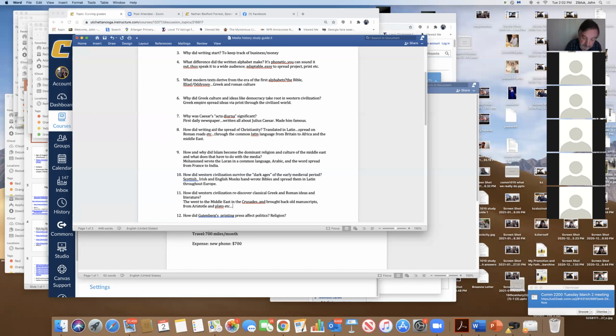Yep, brought back these ideas. Democracy, literature, Julius Caesar, they rediscovered all of this stuff because they found all of these old books that the Arabs had preserved at their libraries, notably Alexandria in Egypt. They brought back not just the Bible, brought back ideas.